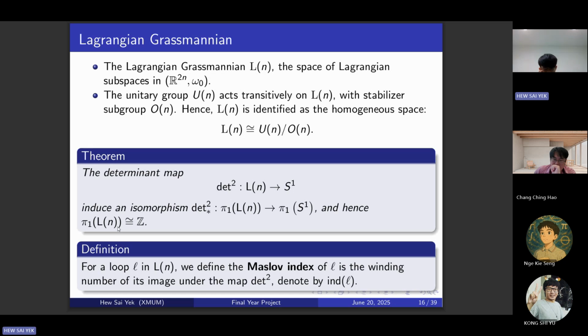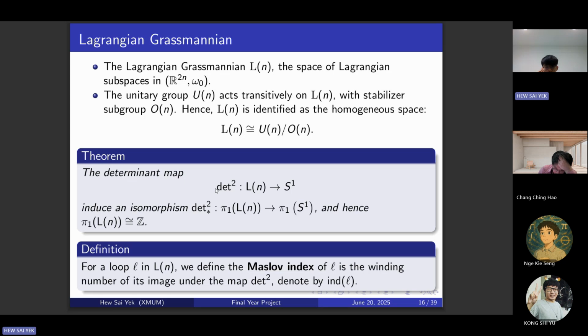To get the degree, or index, of the critical point, we want to define some index. So we consider the Lagrangian Grassmannian, the space of Lagrangian subspaces in R^2n. The unitary group acts transitively on it, and its stabilizer subgroup is the orthogonal group. So the Lagrangian Grassmannian is isomorphic to the unitary group quotient the orthogonal group.